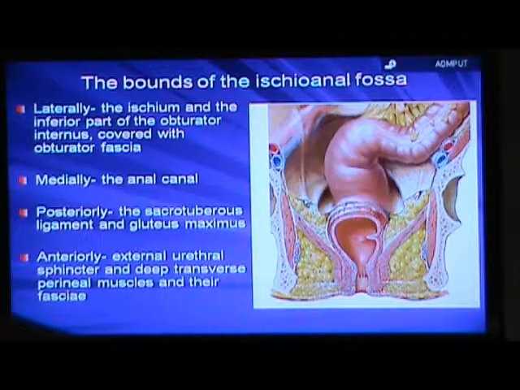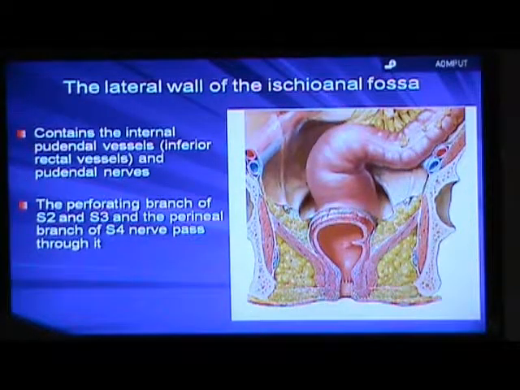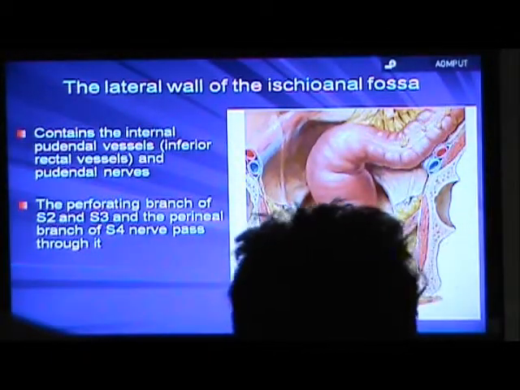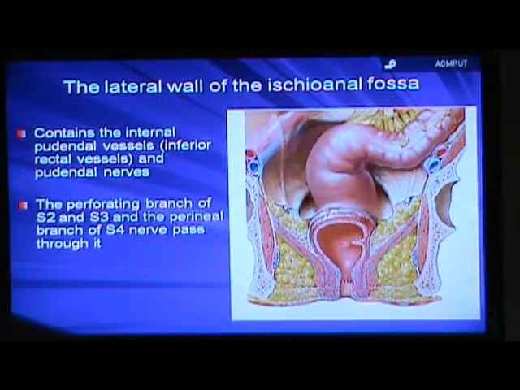And what will be important? This wall, so this lateral wall. Why? I will explain. The lateral wall of the ischioanal fossa contains the internal pudendal vessels and the inferior rectal vessels and the pudendal nerves, which are branches from the sacral plexus.